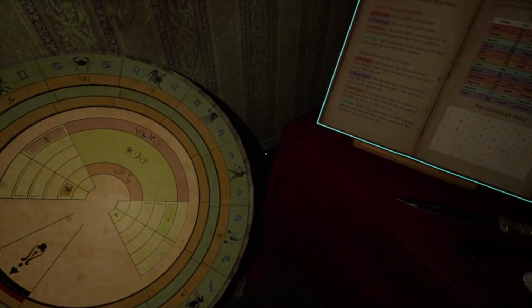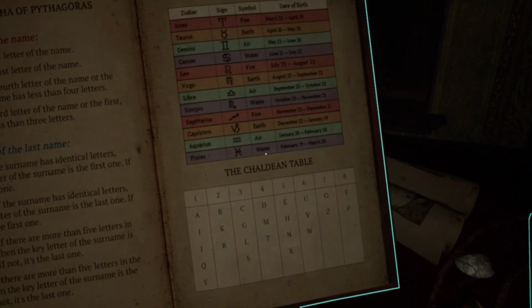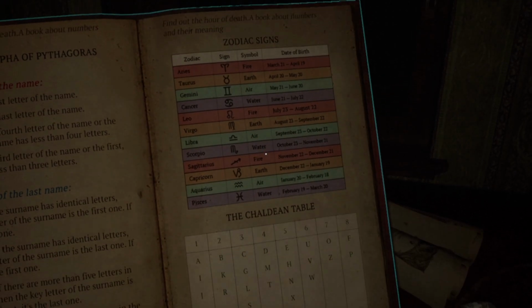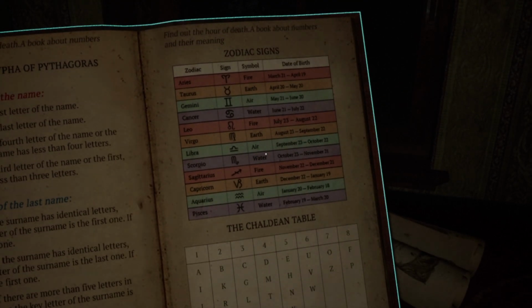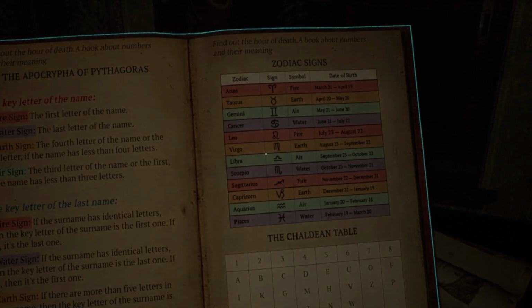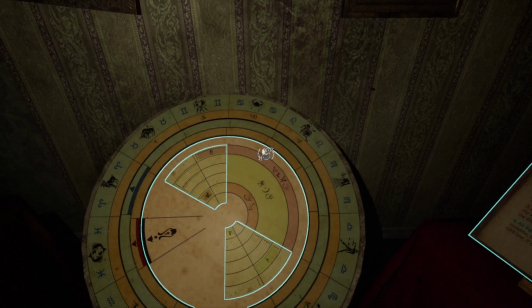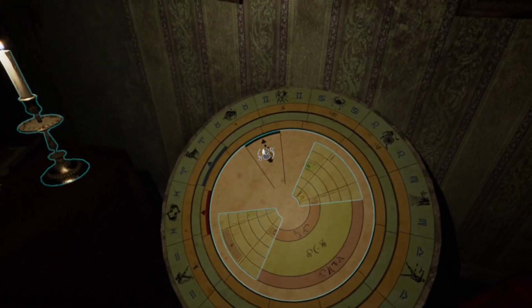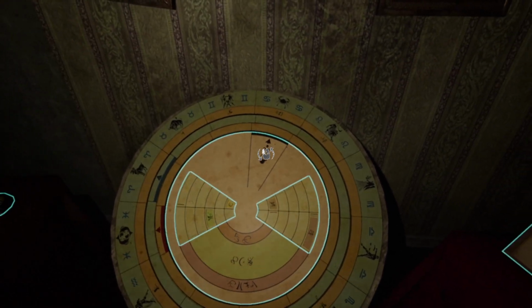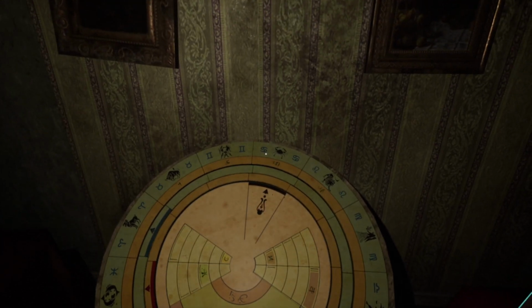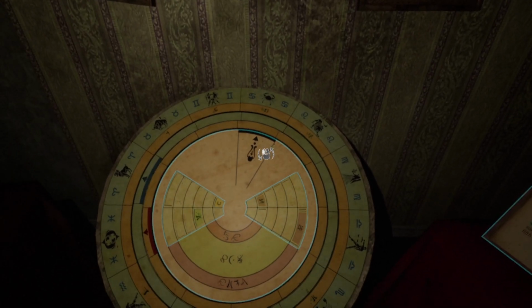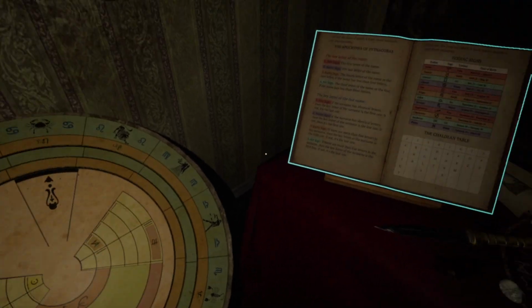Is it the two fish? Oh, I see it. Never mind. So it's going to be that one up there. There's the sort of 6 and 9 there. So that's there.